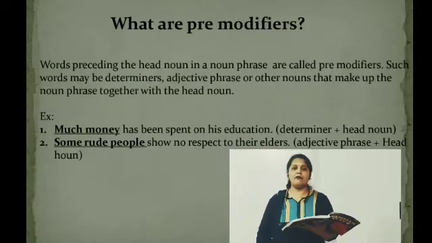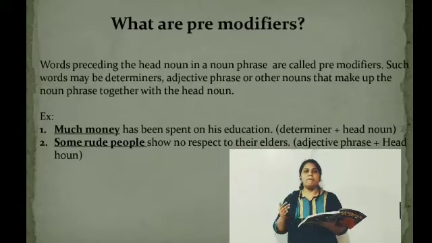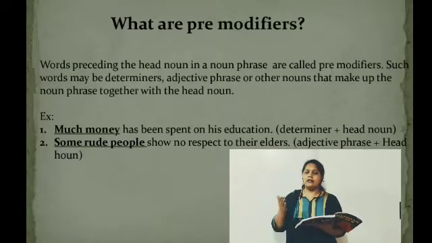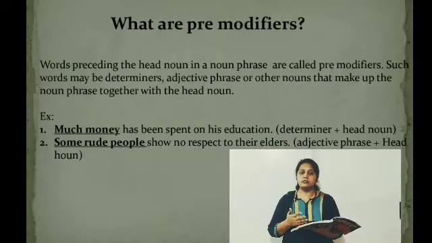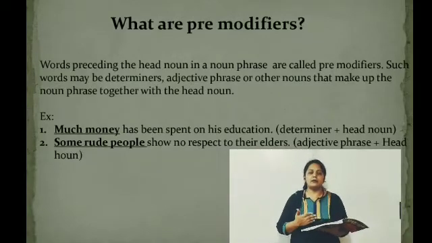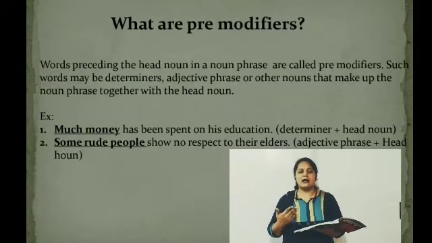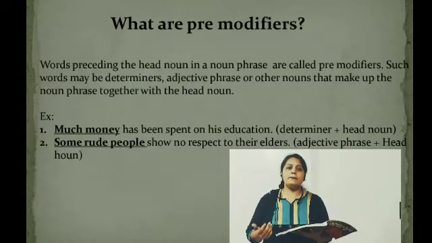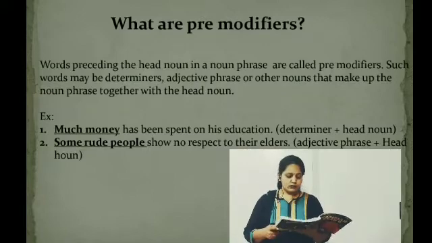Here we have some rude people. People is the head noun, rude is a describing word, an adjective, and before that a determiner is used. So these are examples of pre-modifier words.